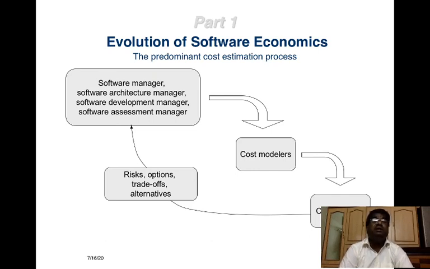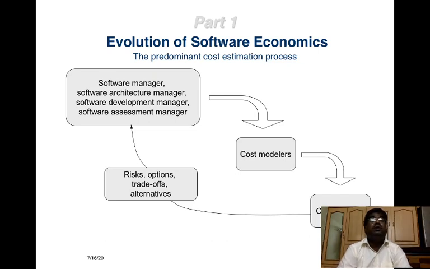The cost may increase due to so many factors, because of technology and personnel, meaning the developers may not be available, and they may need more professionals at that time. Nobody can estimate the exact cost of the project, but the software managers, the assessment managers, may forecast the cost of the software project by applying cost models.